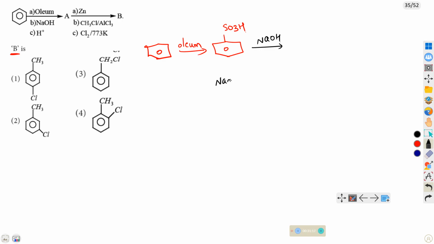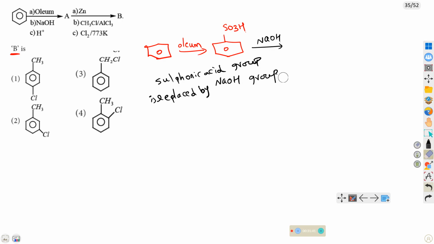The sulfonic acid group is replaced by a hydroxyl group in the presence of NaOH.